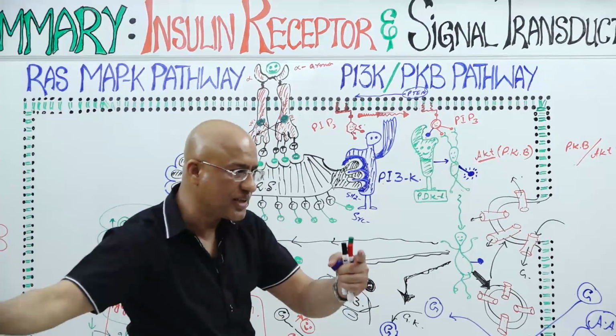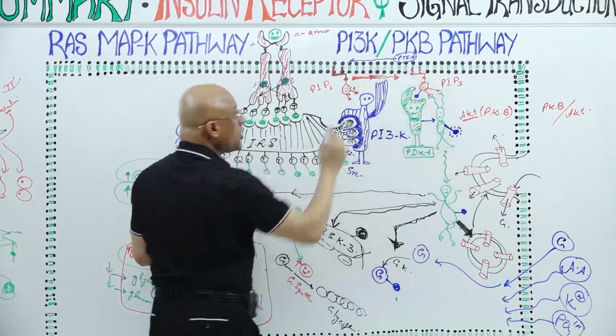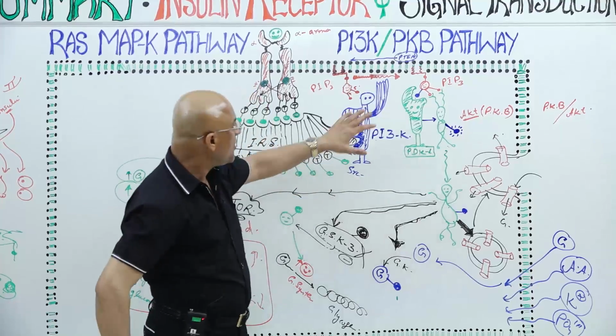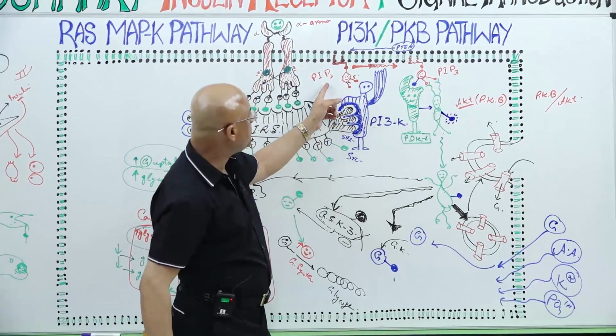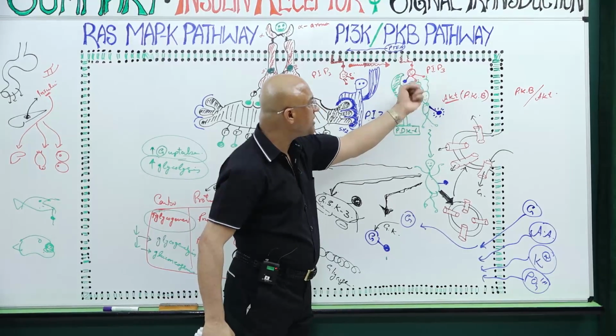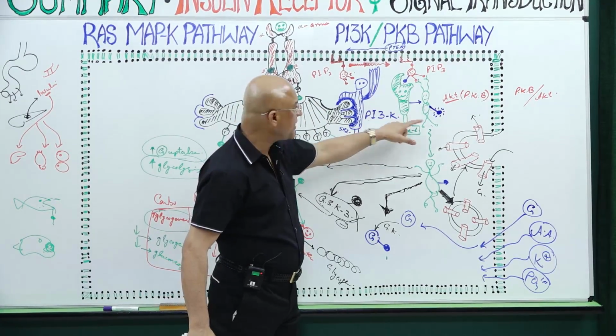Phosphatase is removing the phosphate. So PTEN is a phosphatase. This is actually a molecular brake on this whole pathway. Now, anyway, move forward. PIP2 is converted into PIP3, and once the cell has more PIP3, what will bind there? Naughty boy and the monkey.